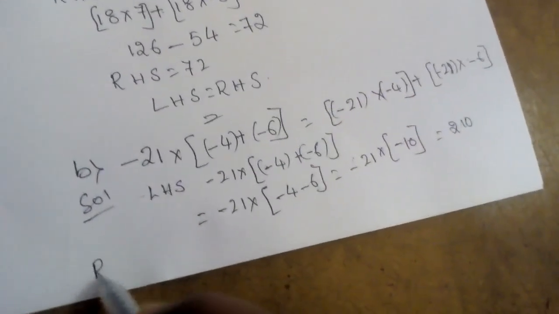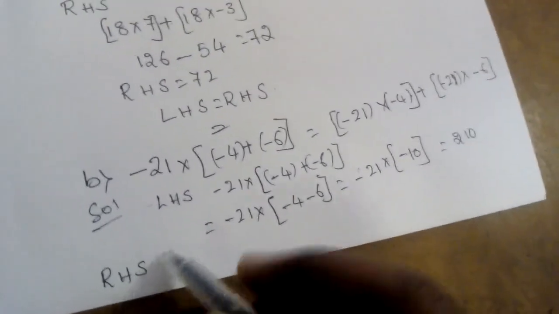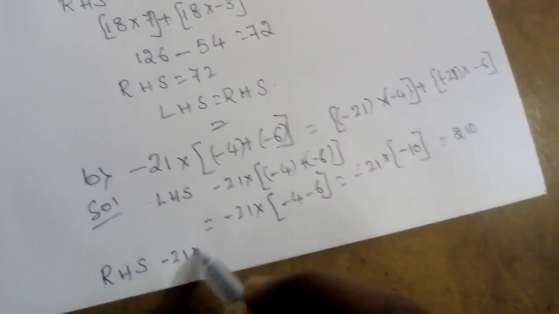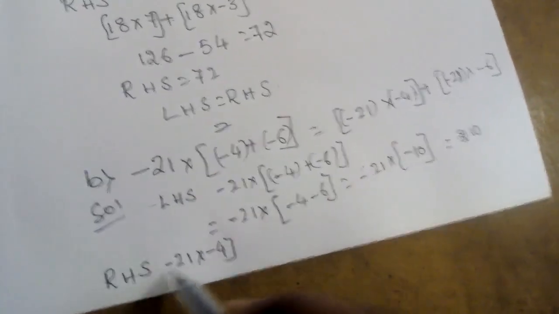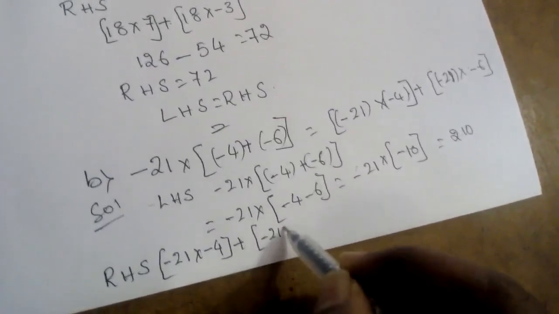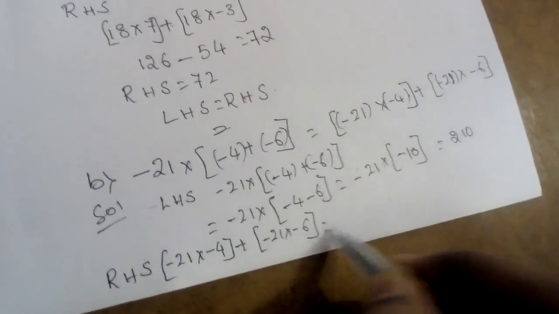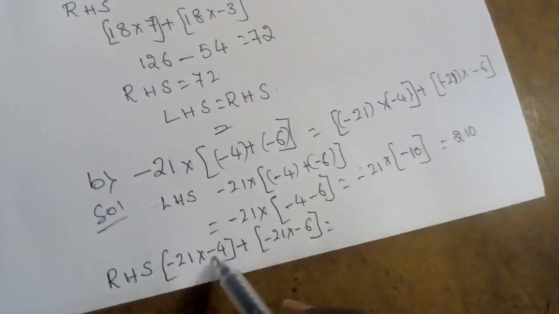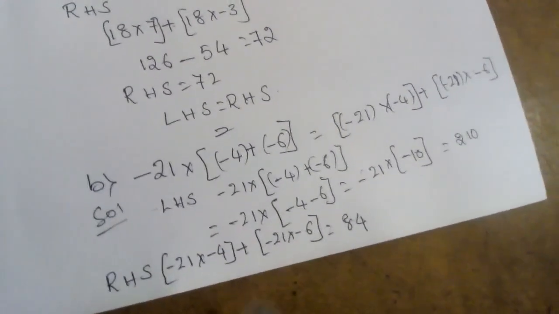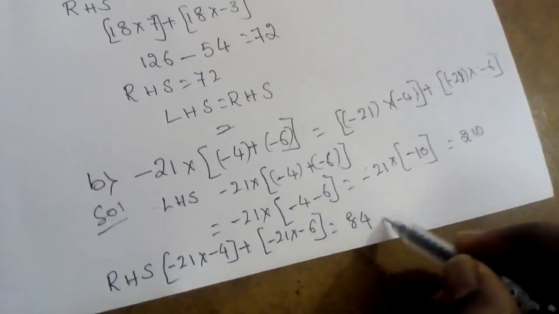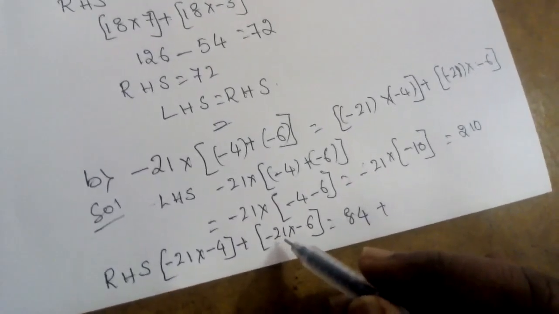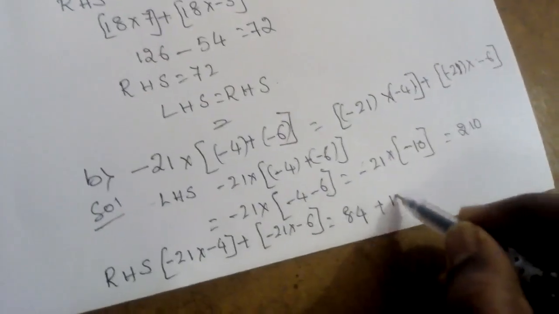Now RHS: minus 21 into minus 4 plus minus 21 into minus 6. Go to minus into minus is plus, 21 into 4 is 84. Here minus into minus is plus, totally plus. 21 into 6 is 126.